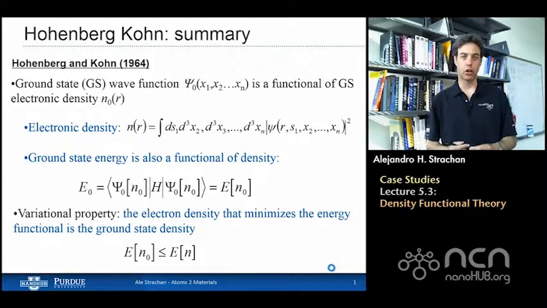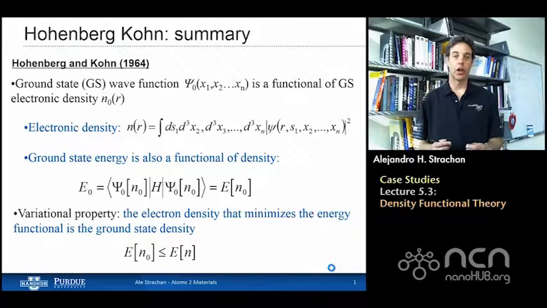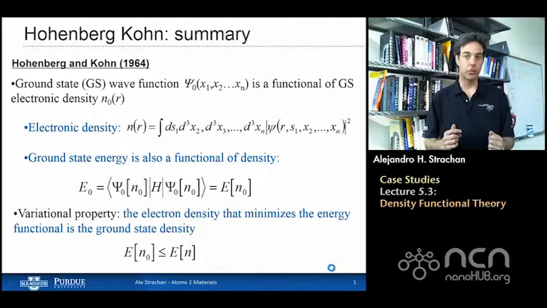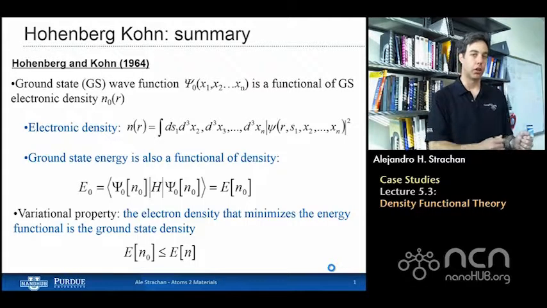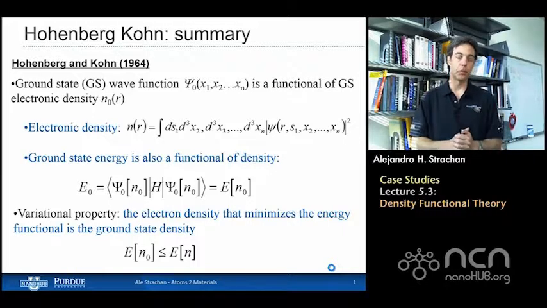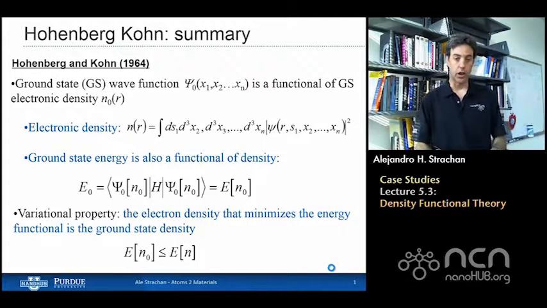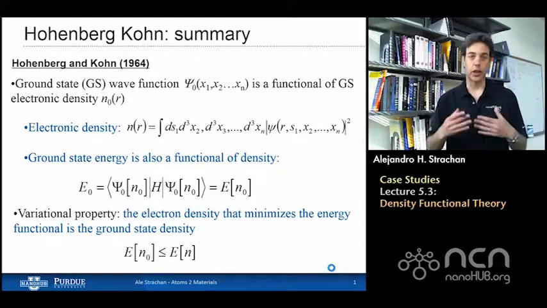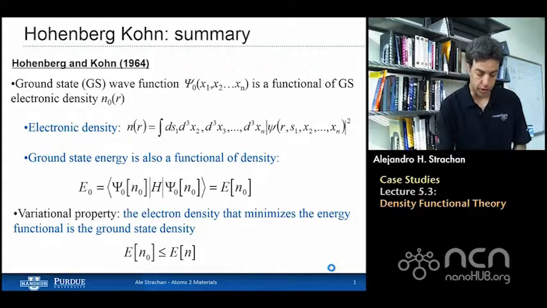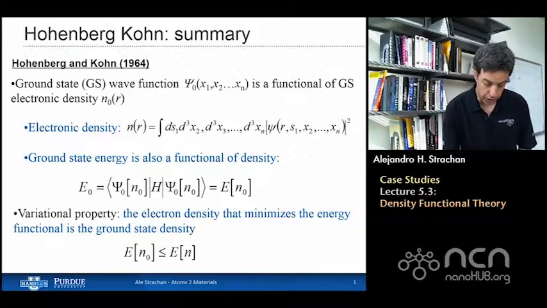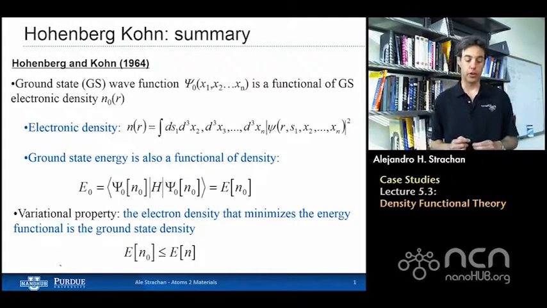Let's sum up what Hohenberg and Kohn found. What their theorem shows is that the ground state wave function is a functional of the electron density. So if I know the ground state electron density as a function of position, n(r), I can, in principle, obtain the full 3N-dimensional wave function from it.